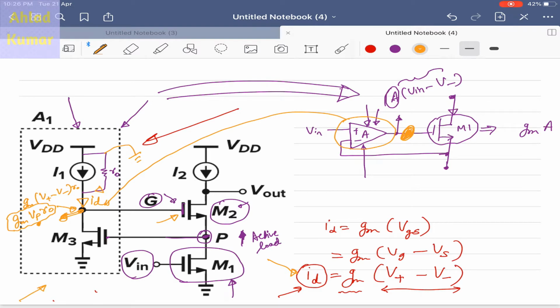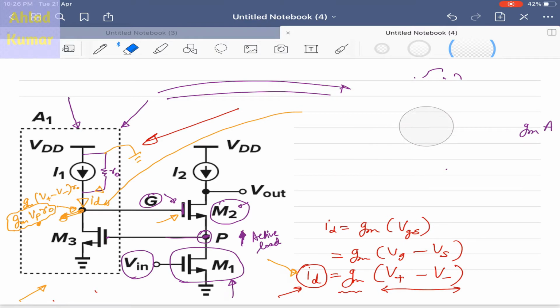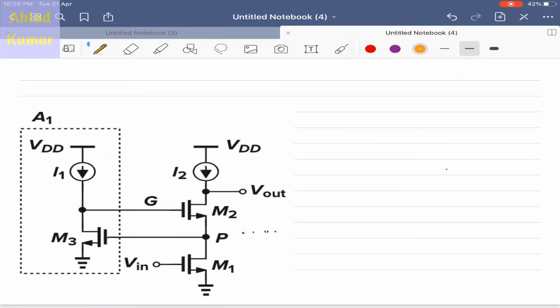So let's discuss some more aspects of this amplifier. In order to understand this, let me erase everything over here. Now what we want to discuss first is the available voltage at this point. What will that be? That is the minimum and the maximum voltage available for the sinusoidal swing at the Vout. What will be the maximum and the minimum input voltage?